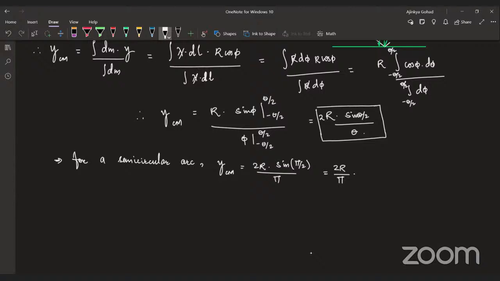Similarly, we have surface mass distributions and volumetric mass distributions as well.